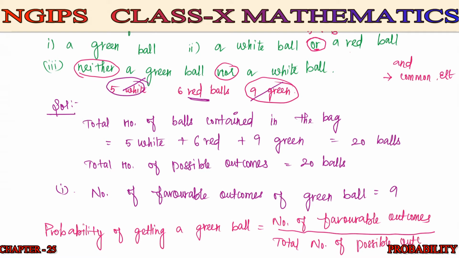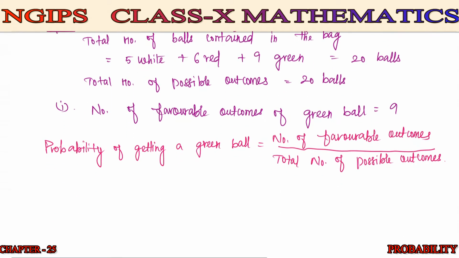In this question the favorable outcome is 9, and the total number of outcomes is 20. So 9 by 20. Further we cannot simplify because we don't have any common factors between them.